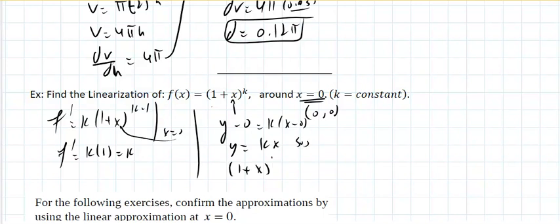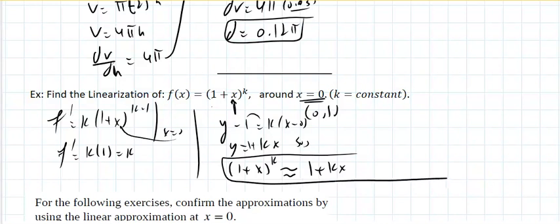Oh, when I put 0, I get 1, not 0. People, when I put 0 in there, I'll get 1 to the k, which is 1. So y minus y1, move it over, so this is roughly 1 plus kx.